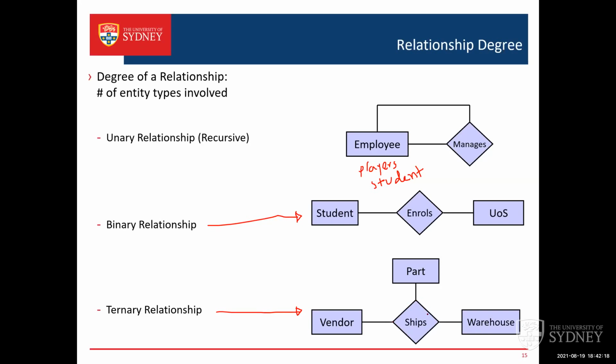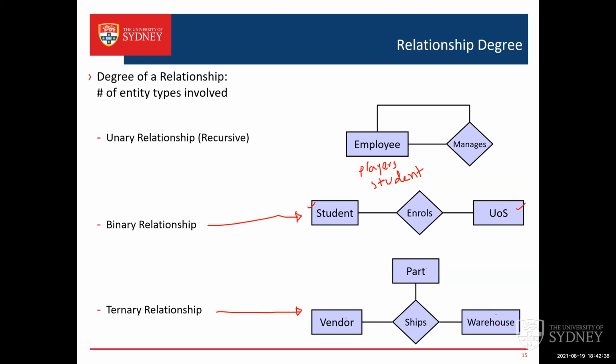Okay, so that's why we have diamond. I can see that someone is asking why some are diamond, some are square. So this means these are tables, and this one means that they are the relationship between these tables. Okay, so in here we have this ships table, which is the relationship between vendor, parts, and warehouse.